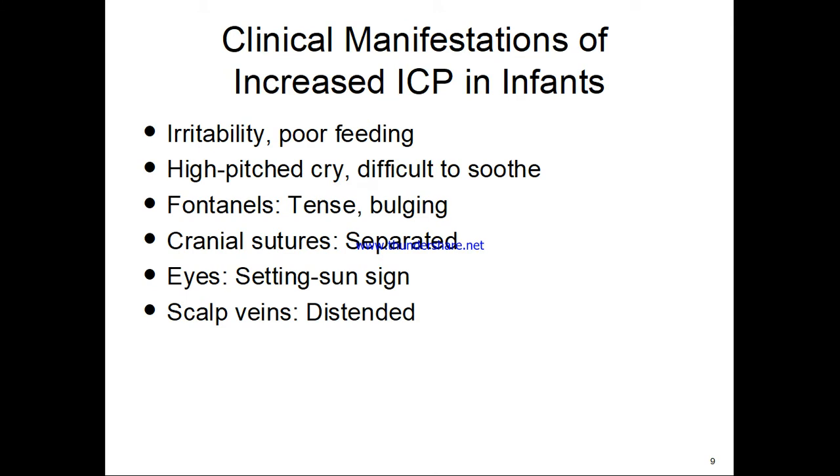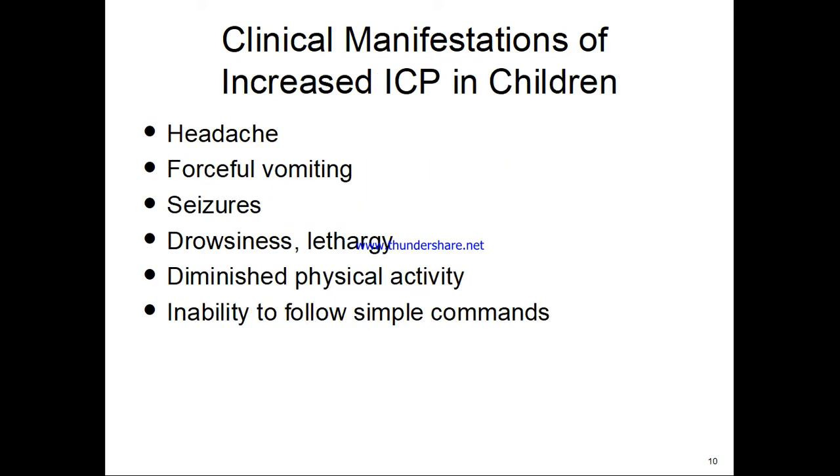Clinical manifestations of increased ICP in infants include irritability and poor feeding, high-pitched cry, difficult to console, fontanelles tense and bulging, cranial sutures separated, because remember there's a buildup of pressure in that area, eyes with dark circles underneath, and distended scalp veins.